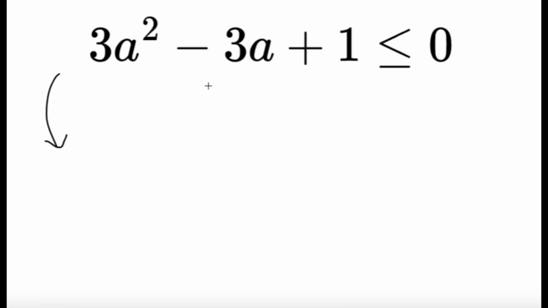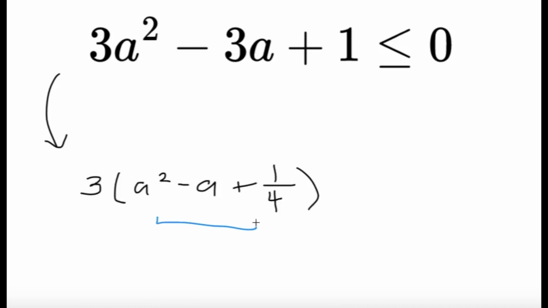So all we have to do is solve for a in this inequality, but we can factor it as follows. I can factor the 3 out, and I can make it a squared minus a plus 1/4, since this will be a perfect square, and then plus 1/4, less than or equal to 0.